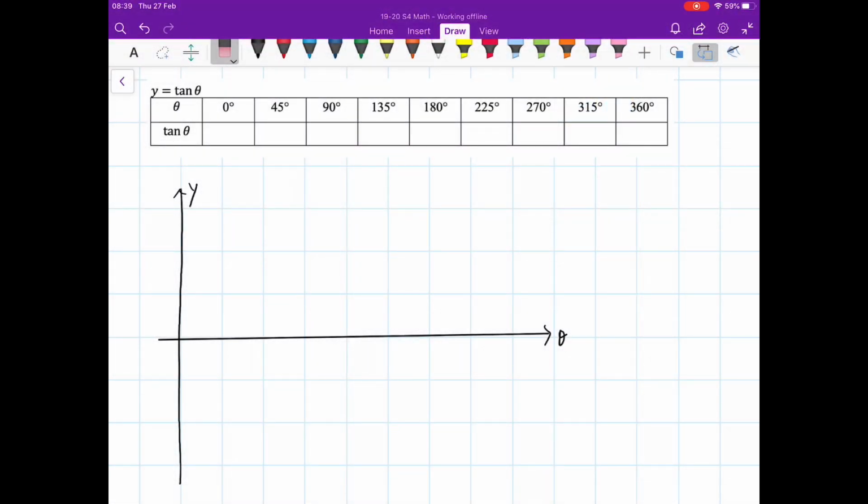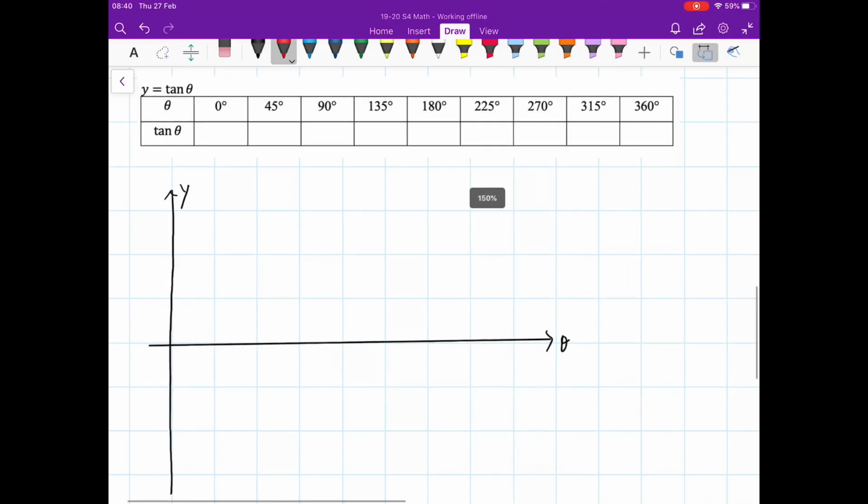Finally, let's come to tangent theta. Again, please help me to copy the table on your notebook and then use a calculator to find all the values of tangent theta with different angles. Okay, so let's check the answer. This time, something is very special. That is for 90 degree and 270 degree. The result from the calculator is a math error.